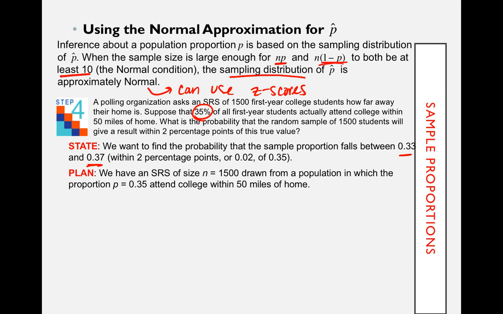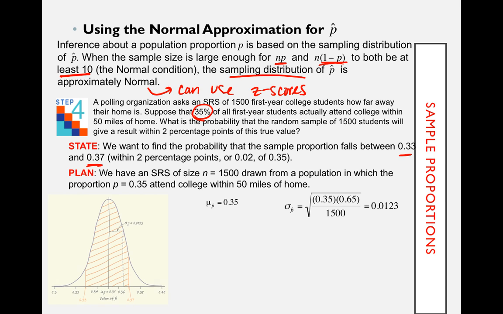So because we have a sample of size 1500 and we have a proportion of 35% that are attending college within 50 miles of home, we can find our mean and standard deviation for that sampling distribution. The mean is just going to be that population proportion of 35%.